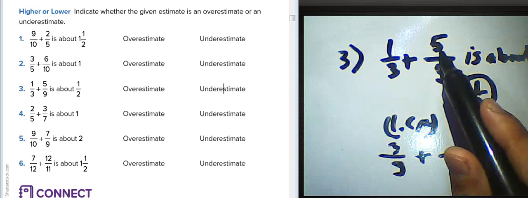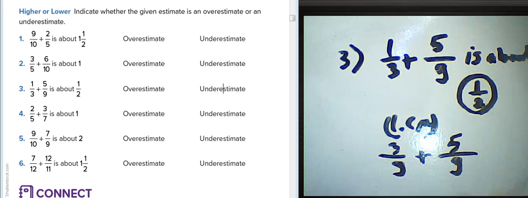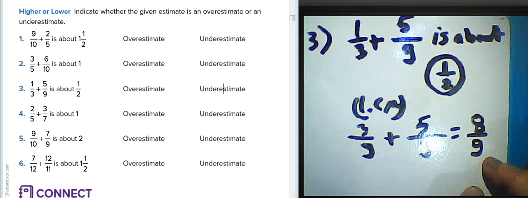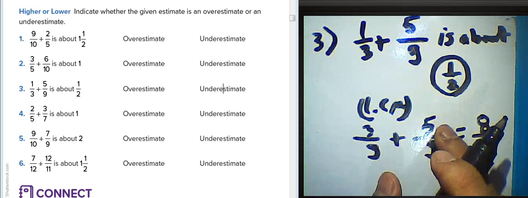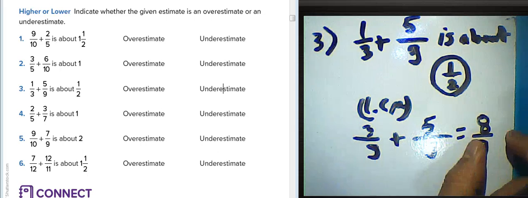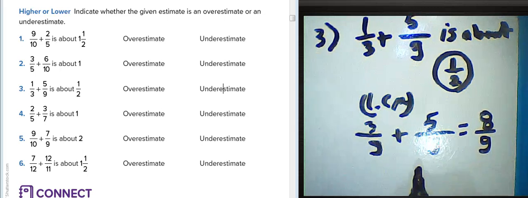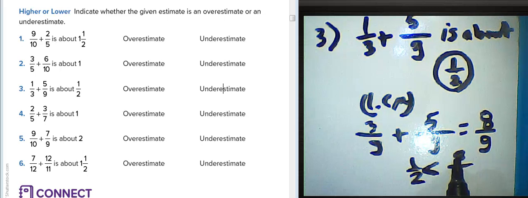And what about here? 5 over 9. We can find 5 plus 3 equals what? Equals 8. And write 9 here. We know 8 over 9 is greater than half. So 1 over 2 is an underestimate, okay? 1 over 2 is an underestimate because half is less than 8 over 9.